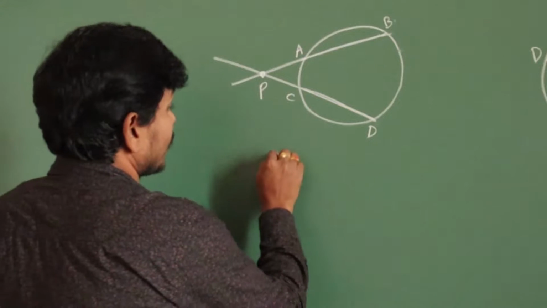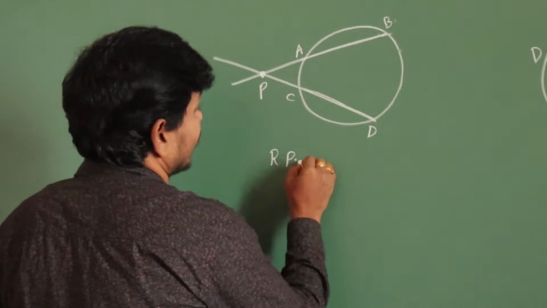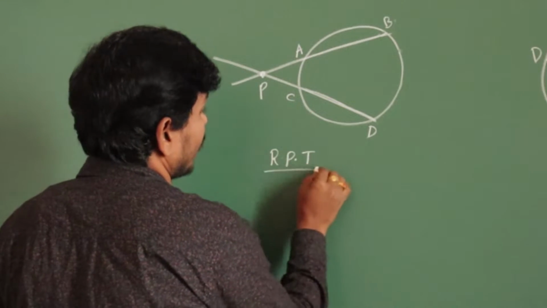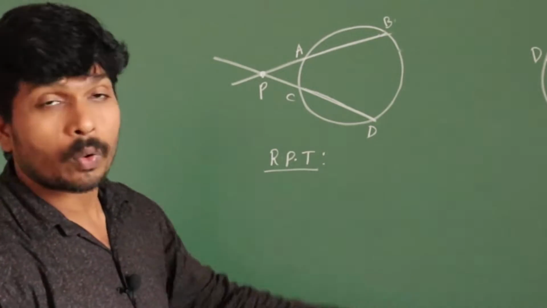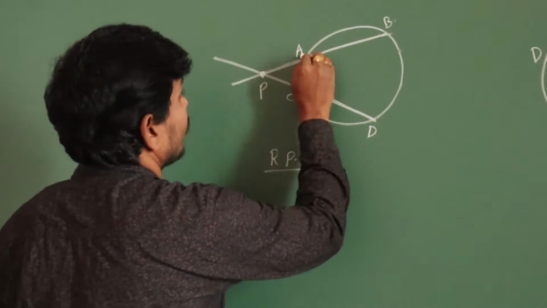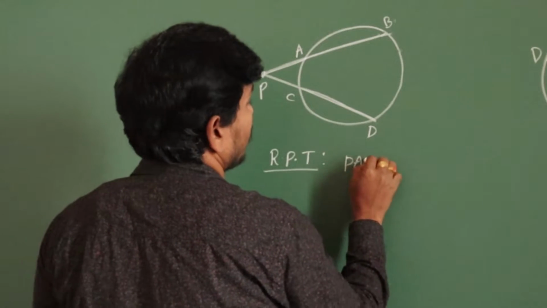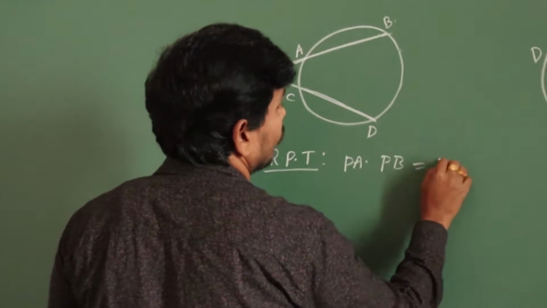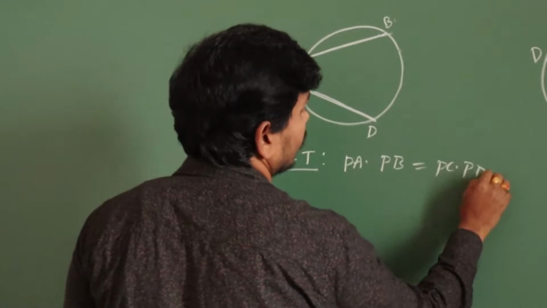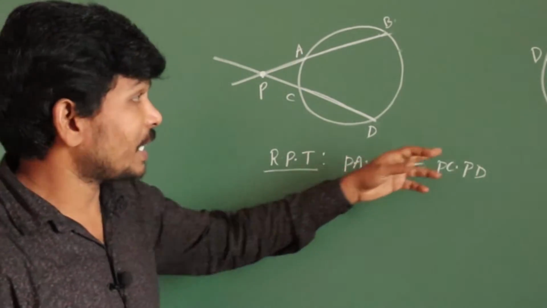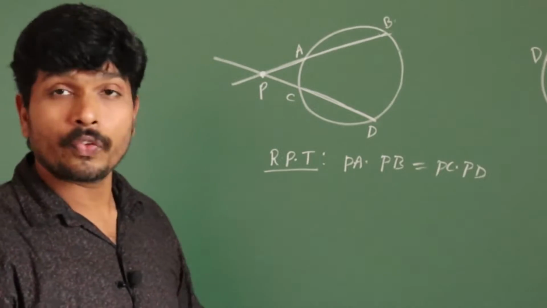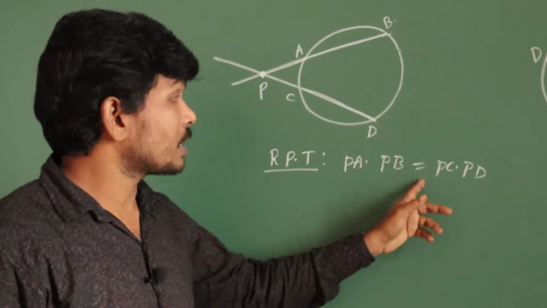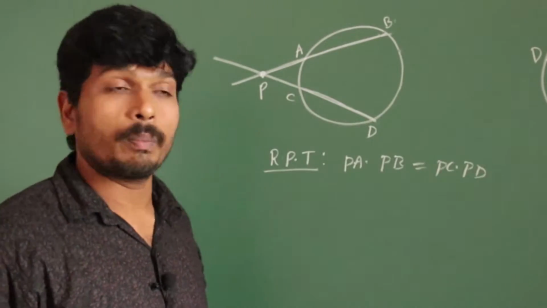Then here also the result holds. Whether the intersecting point of the chords is internal or external, your property is definitely PA into PB is equal to PC into PD. If two chords are intersecting either internally or externally, then PA into PB is equal to PC into PD.